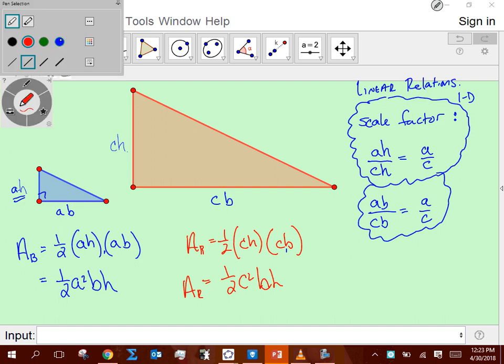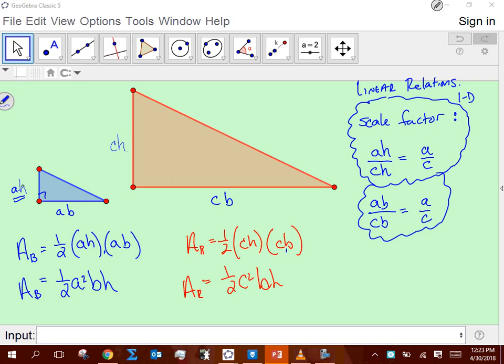But when I compared these sides, compared that side to that side, okay, it gave me a linear relationship. I should be able to compare that area to that area and see what happens, okay?